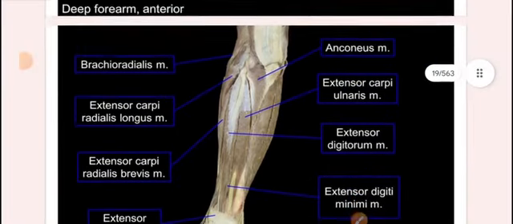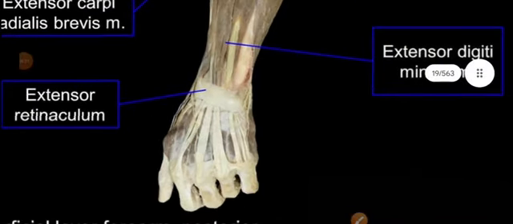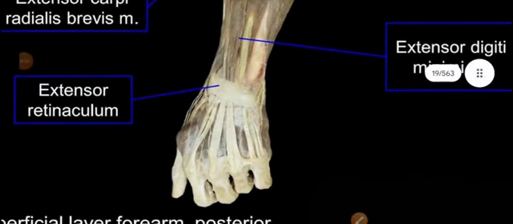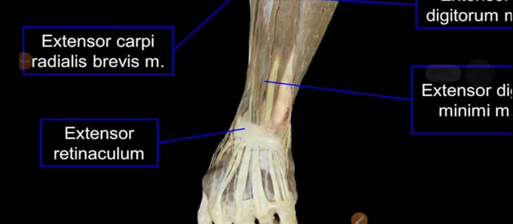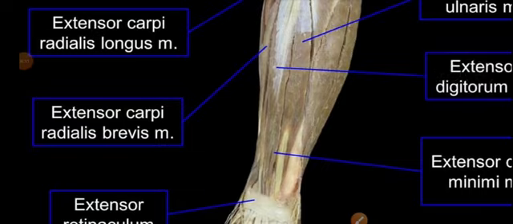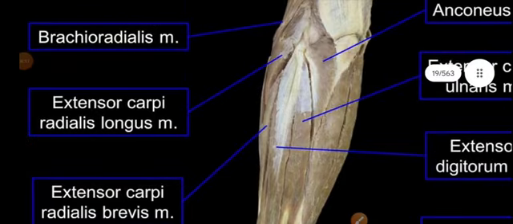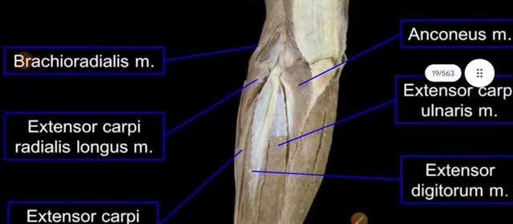Okay. Now the next one is the superficial layer of the forearm posteriorly. Now posteriorly we can see the extensor retinaculum very clearly. In the superficial layer of the forearm posteriorly we can see extensor retinaculum, extensor carpi radialis brevis, extensor carpi radialis longus muscle and brachioradialis muscle.